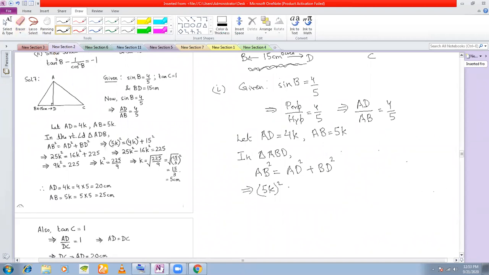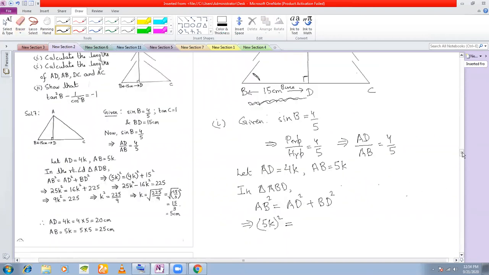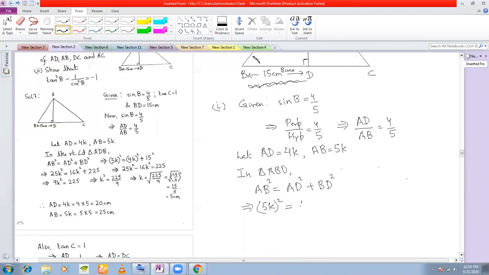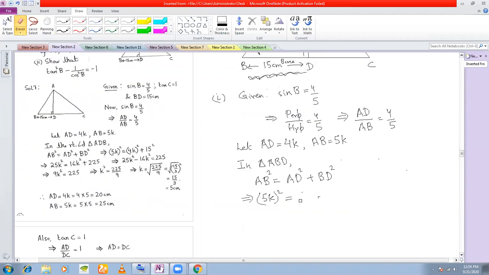So now what happens? 5K whole square, and AD, we have marked this as 4K, and BD we have got to find the length.